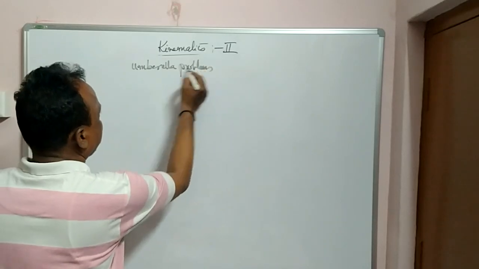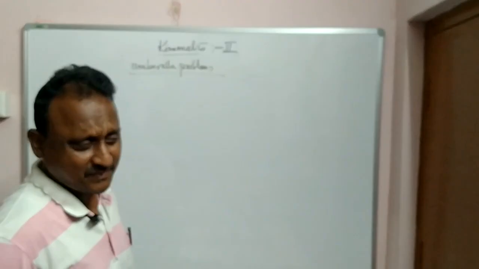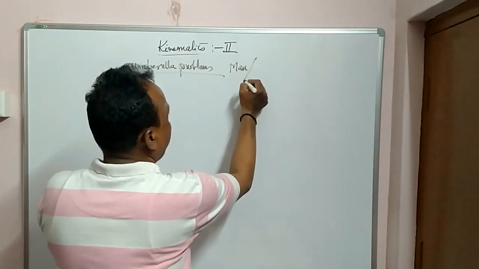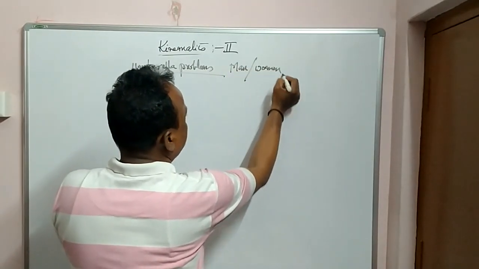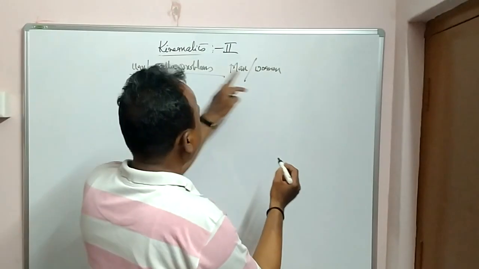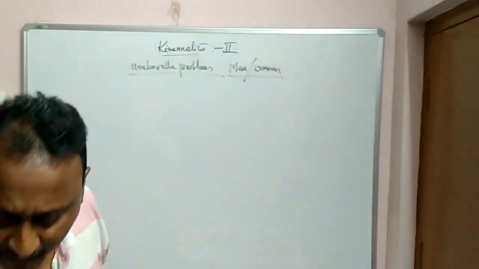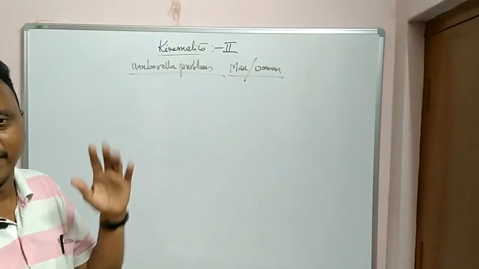These are very, very important. Umbrella problems means man, woman, man by woman, umbrella problem. That means how to catch the umbrella when the rain is falling vertically or inclined at some angle.